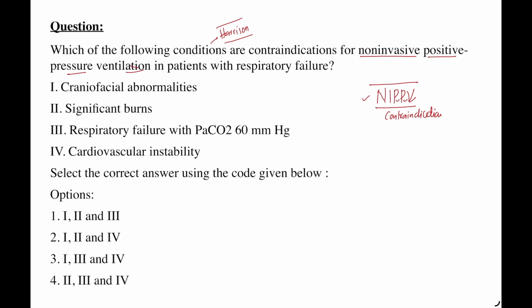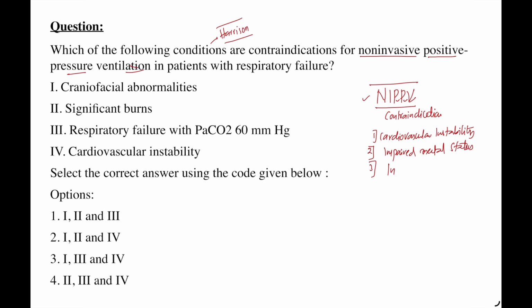Contraindications where you use NIPPV. The contraindications are if the patient is having cardiovascular instability, you can't use it. If the patient is having impaired mental status, it would be difficult, they will be removing the mask with their hands.